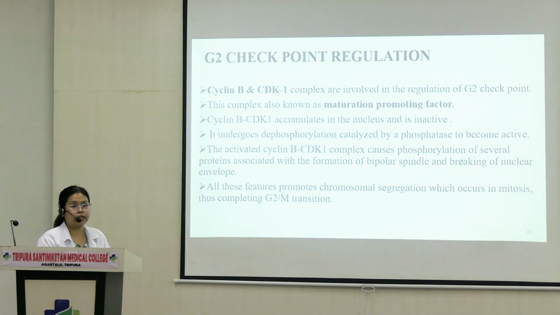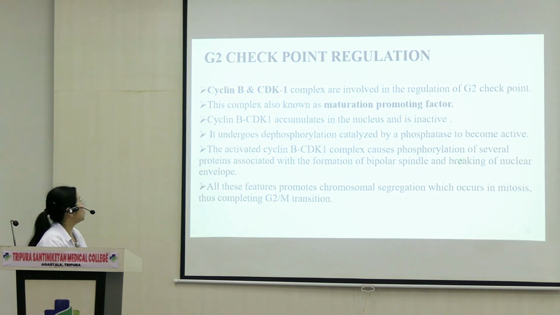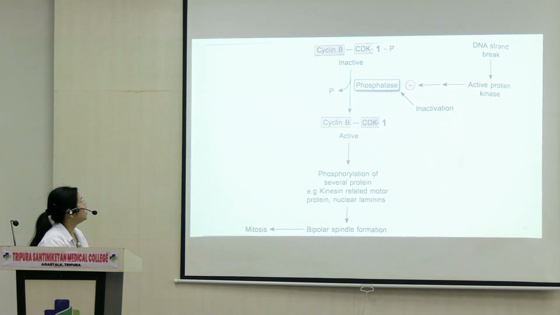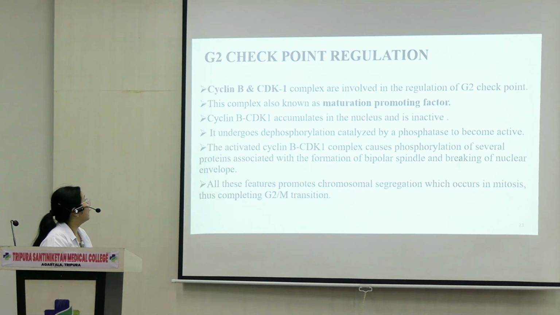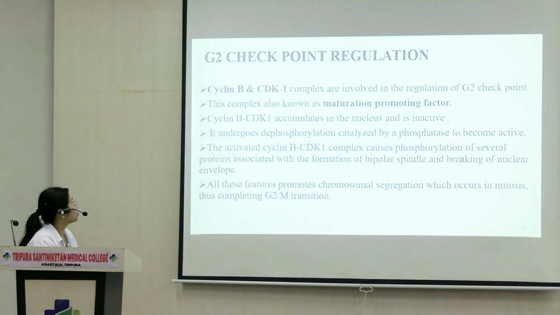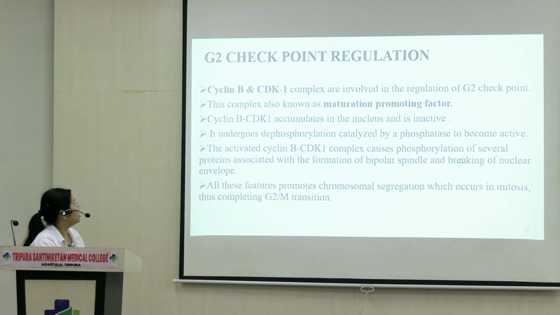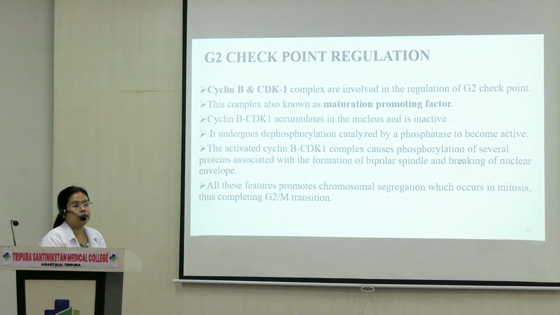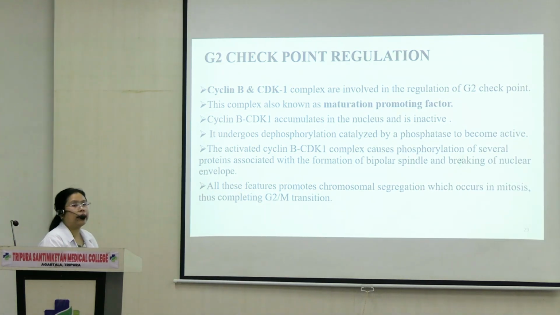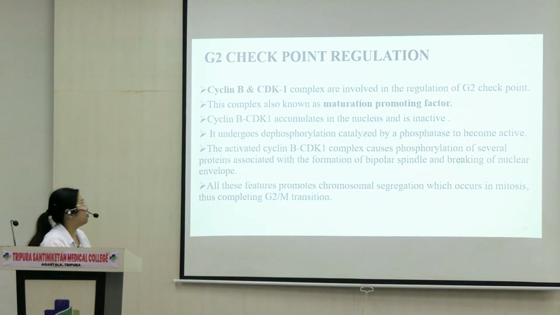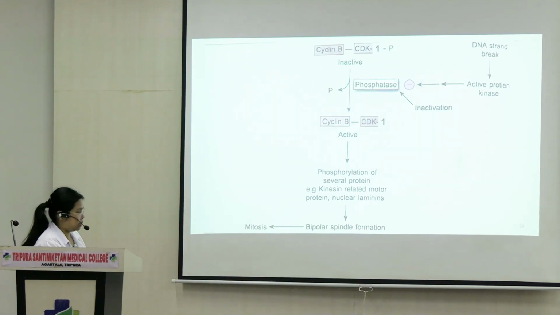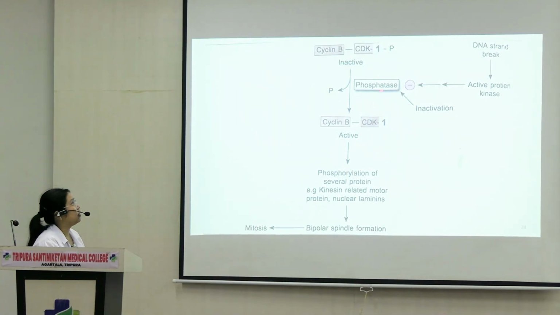In the same way, there is one at the G2 checkpoint as well. This is done by cyclin B and CDK1, also known as maturation promoting factor. Usually cyclin B and CDK1 are in the nucleus in inactivated form. But the phosphatase enzyme over here causes it to activate.